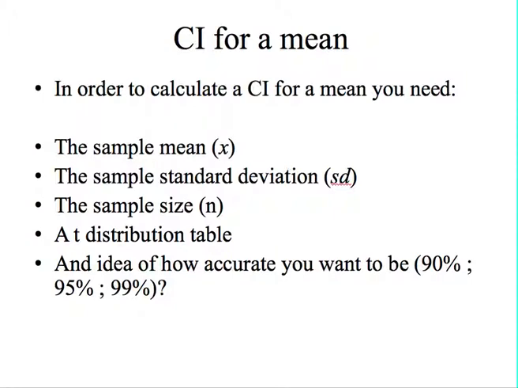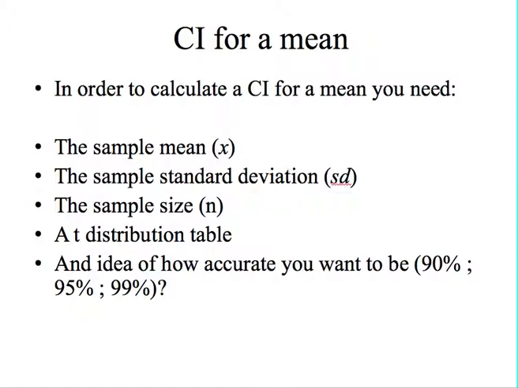In order to calculate a confidence interval for a mean, you need a sample mean, a sample standard deviation, a sample size, and a t-distribution table, right? Critical values. Now, when we do this in Excel, you can get that t using an Excel function. But if you don't have Excel and you're doing this by hand, you would need a t-distribution table like the ones you used in your basic stats class.